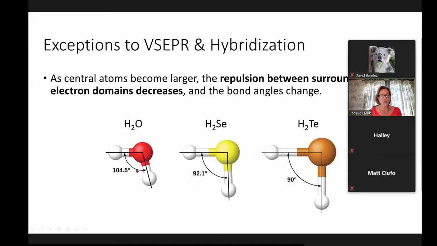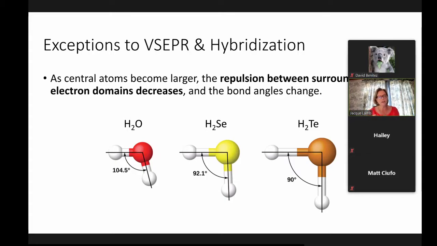And look at what happens to the bond angle. When you get to tellurium up here, you're essentially not having to adopt hybridization or the theory of hybridization at all. It's perfectly comfortable bonding those two hydrogens 90 degrees apart because those electron domains are far enough apart in space.